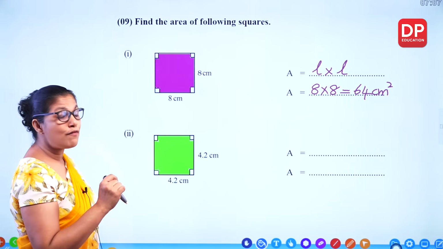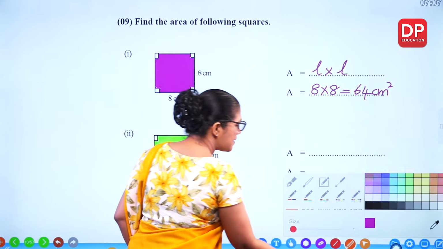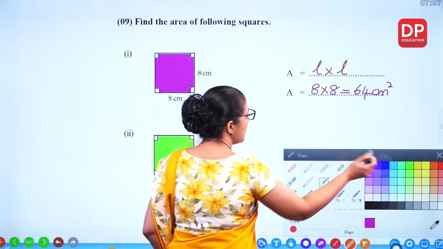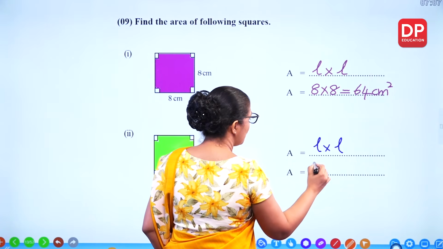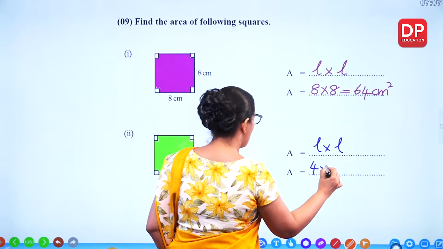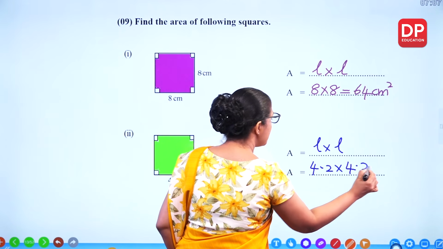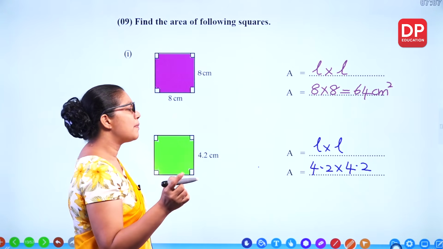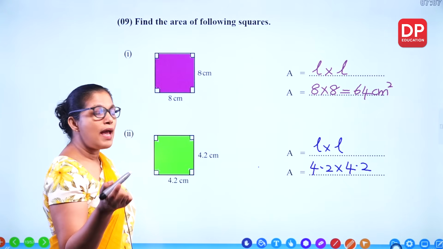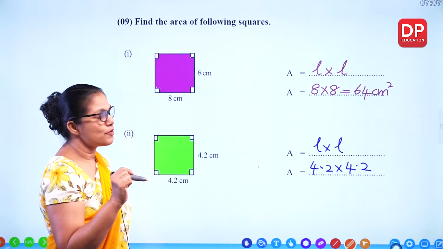Look at this one. What's the side length? 4.2. So you need to multiply decimals here. So we'll take length into length. 4.2 into 4.2. So how do we multiply decimals? Ignore the decimal point. Just multiply 42 times 42 and then think about how many decimal places you have to keep.